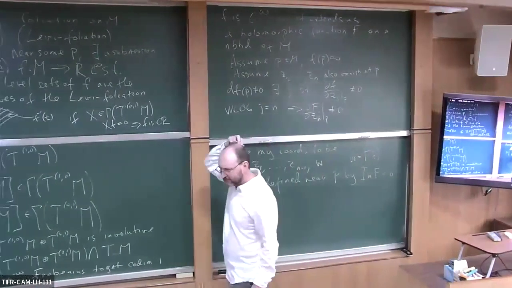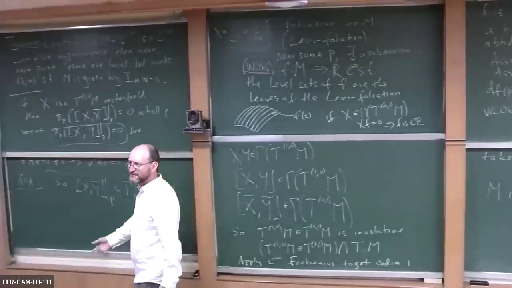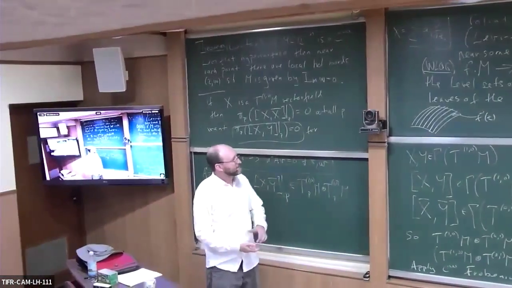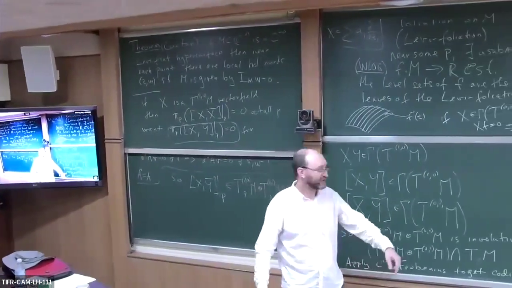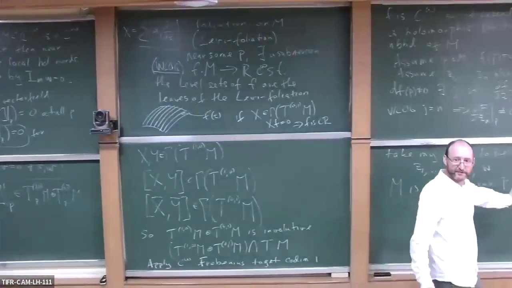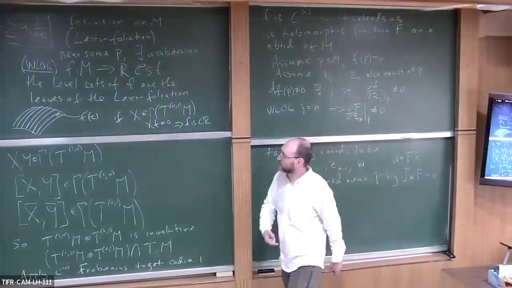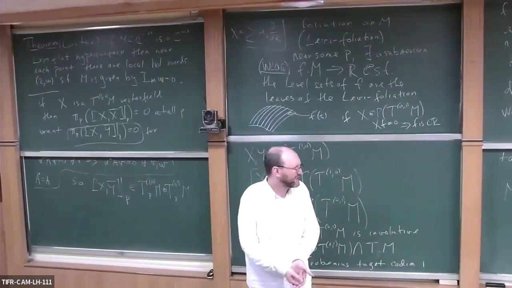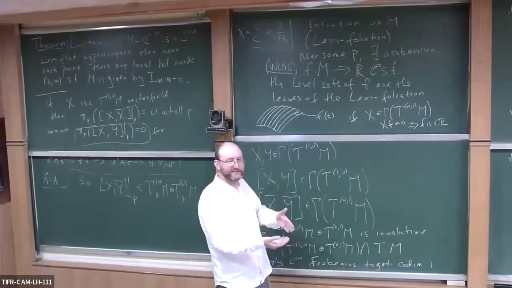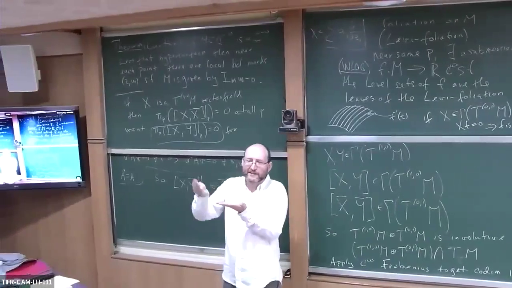Now, why is n exactly that? Well, the derivative of capital F is non-zero, so therefore this is giving me a hypersurface. That hypersurface contains M near P. I'm not going to have any other pieces.